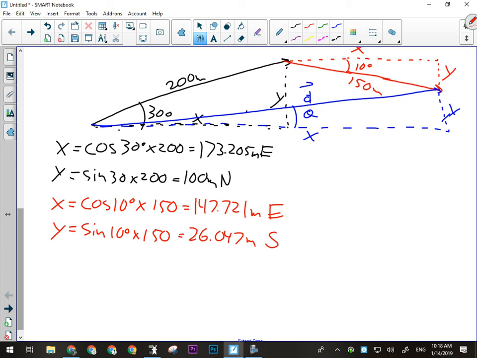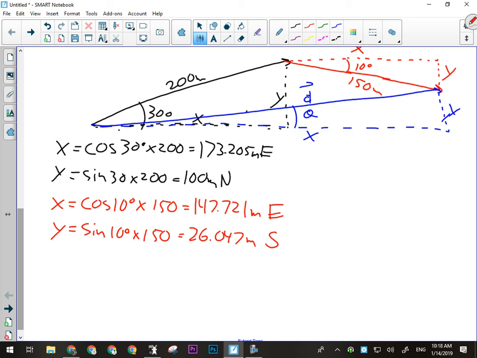Okay, what do I do next? Well, one of them I'll be subtracting, and one of them I'll be adding. Because black Y is north and red Y is south, I have to subtract them in order to get blue Y. Blue Y is the difference between black Y and red Y, because I went north and then came back south.